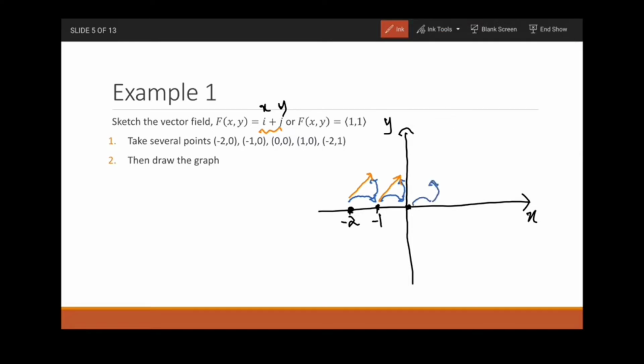I repeat again for 0, 0: one step right, one step above. Again, I get the vector, the orange arrow. Then I do 0, 1, so I get a similar arrow, similar direction. Then for the point negative 2, 1, one step to the right, one step above, then we get the direction of the vector.